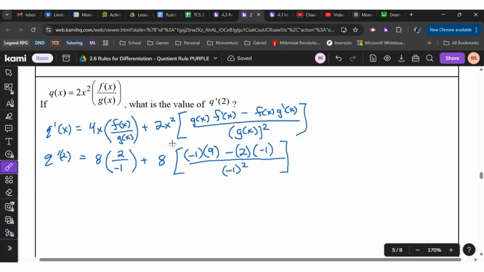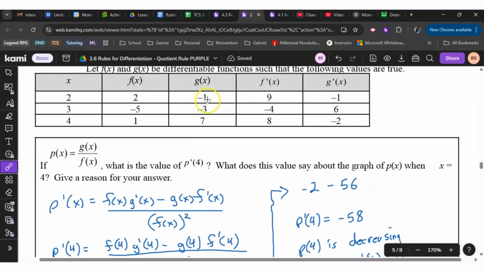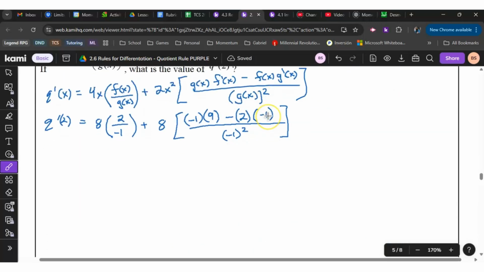And then we just need to go through and simplify this, right? So we kind of like these chart questions because all we need to do is scroll up and look at whatever value we need, like G of 2 or G prime of -2 or whatever it is. So let's go ahead and simplify. 8 times 2 divided by -1 is -16. And then 8, let's simplify everything in here. -9 minus 2 times -1 is +2.